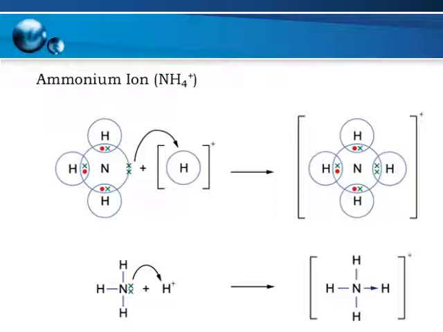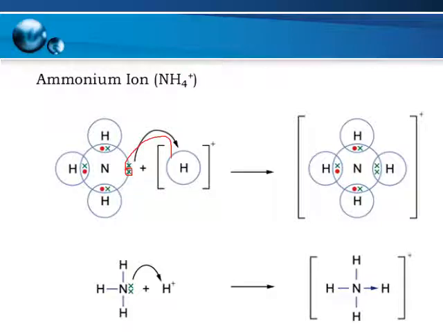NH4 plus, we have N, we have H. Nitrogen is 5, so 3 can be formed with hydrogen, 1 to 3. And then one more cannot be formed, because we have an extra pair here and this one doesn't have. So what we do is we share the electron together with the hydrogen.